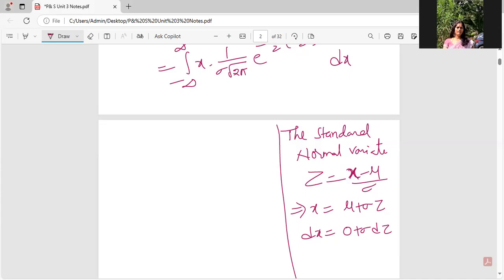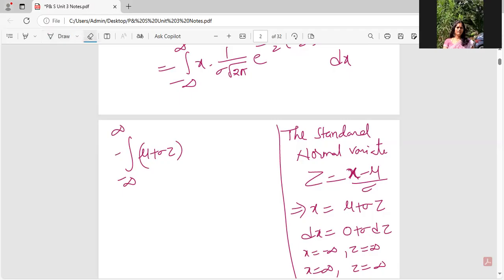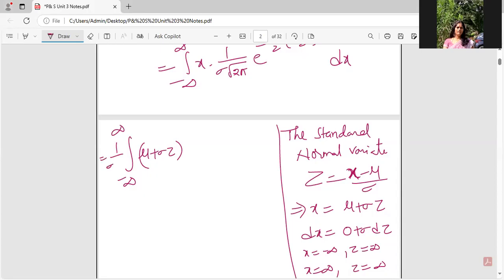Of course, for x equal to minus infinity, z would be minus infinity. For x equal to plus infinity, z would be plus infinity. So limits don't change. Minus infinity to plus infinity. In the place of x, I'll be having mu plus sigma z. Also, 1 by sigma under root 2 pi would be written outside.